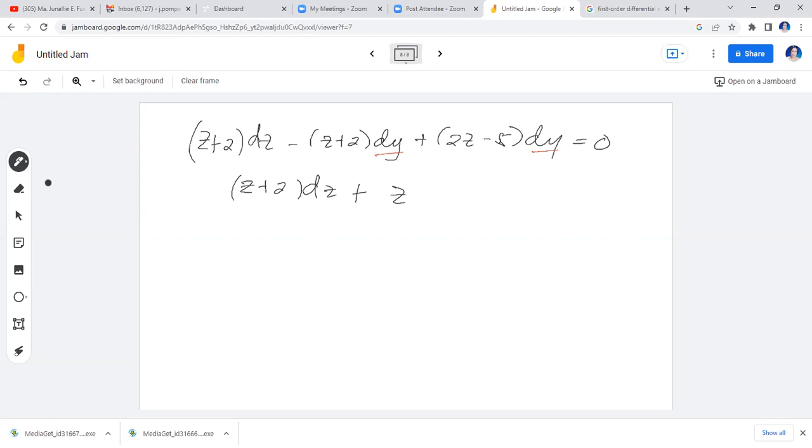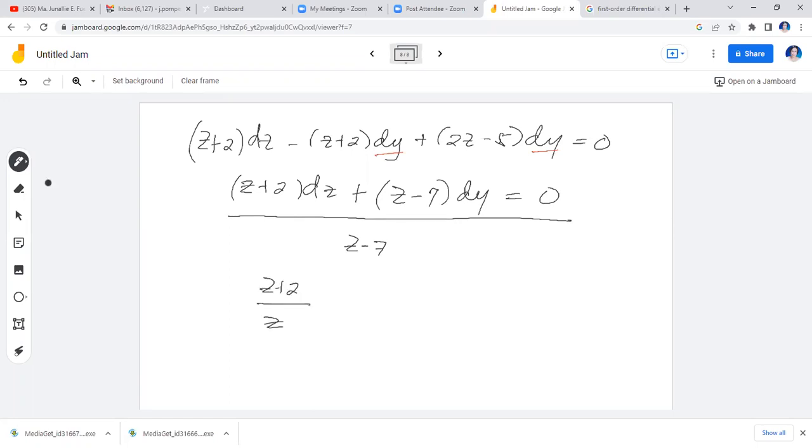I have minus 5 minus 2, that would be minus 7, dy equal to 0. So z minus 7 dy equal to 0. This is separable, right? You just divide by z minus 7. So you'll have z plus 2 divided by z minus 7 dz plus dy.